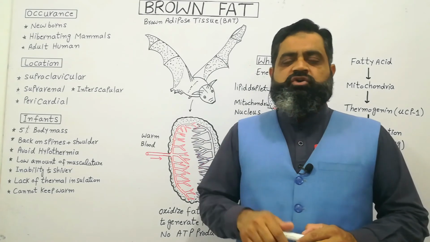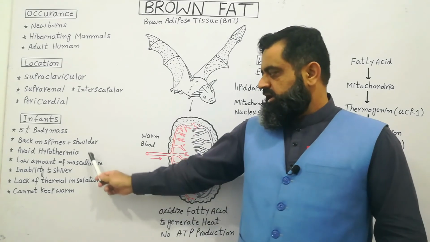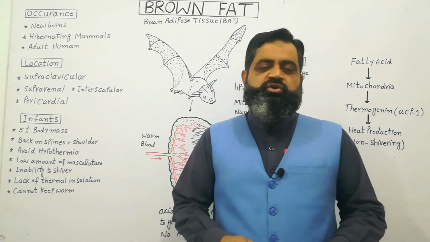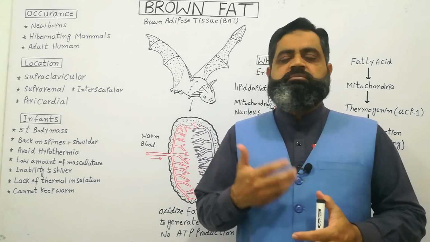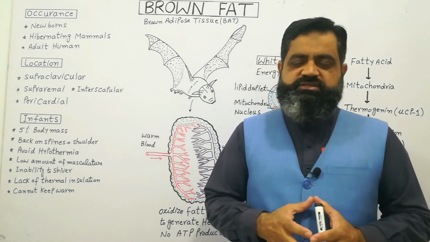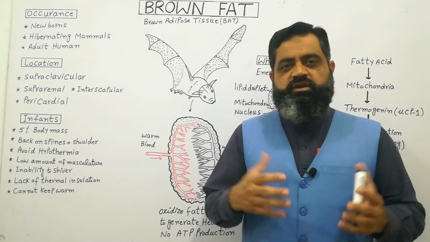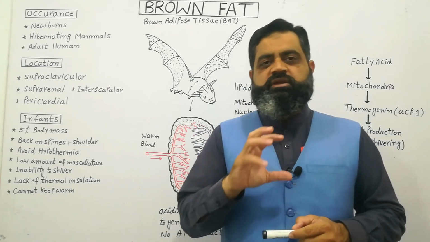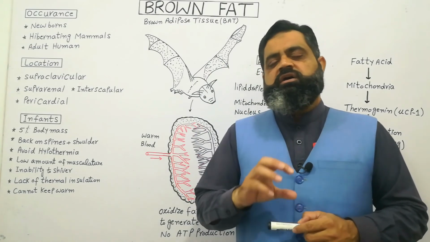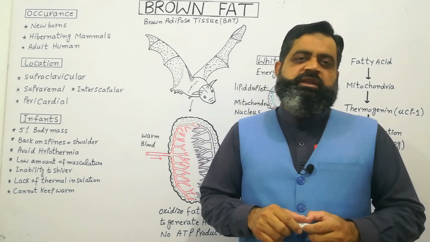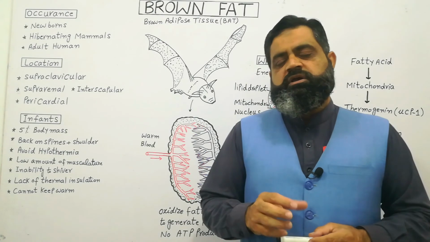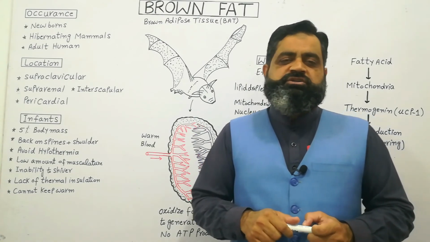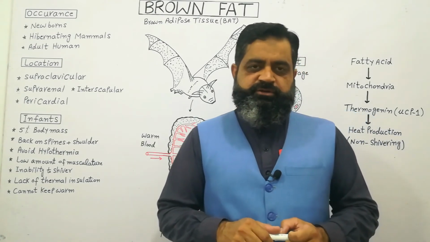They cannot keep their body warm because they cannot wear clothes or go to warm places, and they are unable to take care of themselves. So nature has put brown fat in their body, so that their body can generate heat without shivering, and they can keep their core body temperature at a constant level.